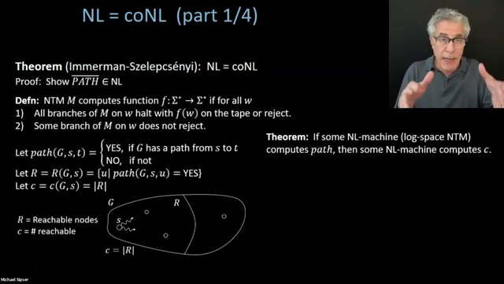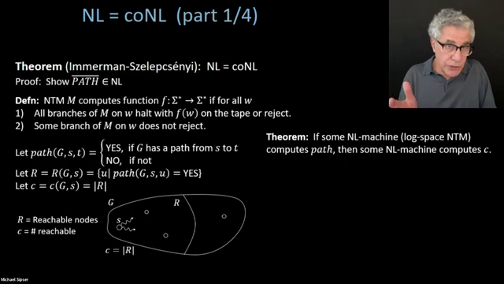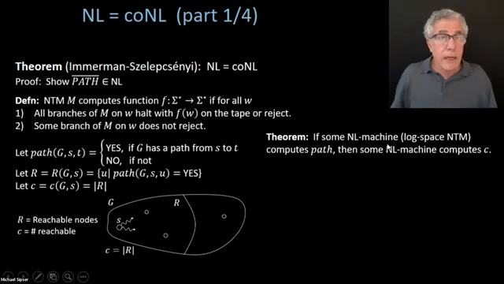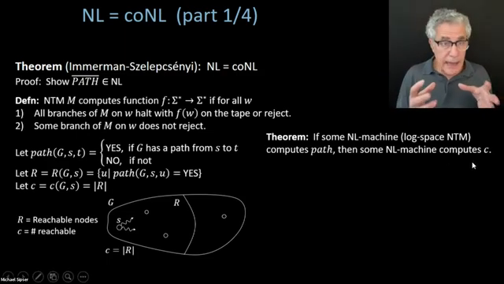You have your NL machine, and every branch has to either say, I don't know, which is reject, or it has to have the answer, which is yes if there is a path and no if there is no path. And if I am able to count the number of nodes for which the answer is yes, that's what we want.